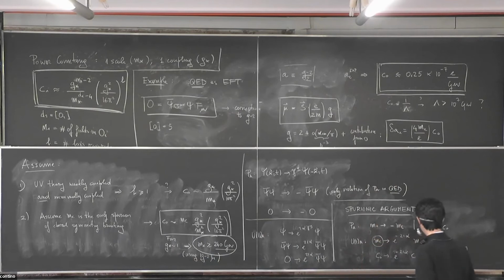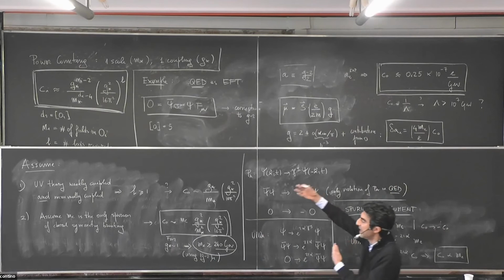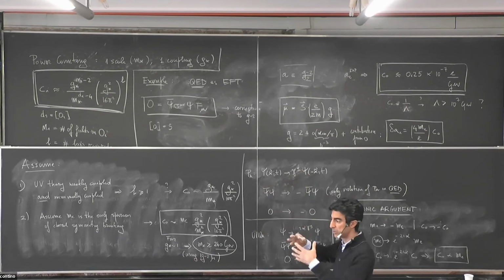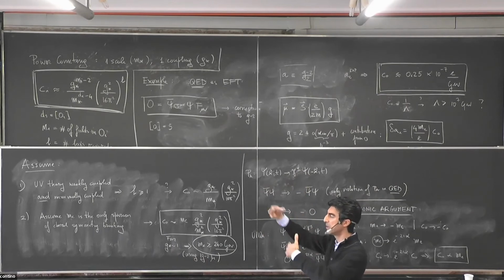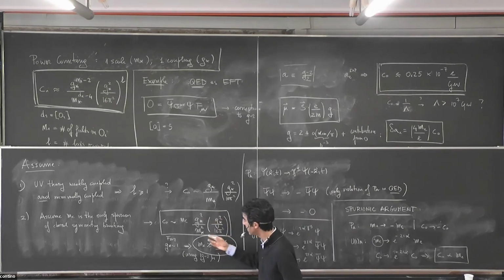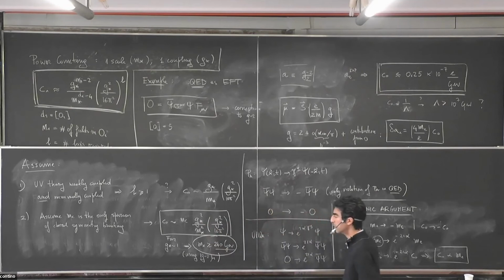Now, it turns out that QED is the effective field theory limit of the electroweak theory. So you know that QED emerges from electroweak symmetry breaking in the standard model. So you know that there is new physics entering at one loop, giving you a correction to the G-2.